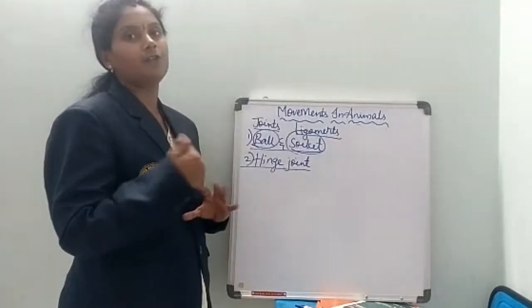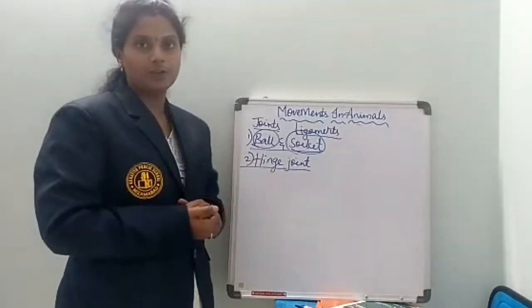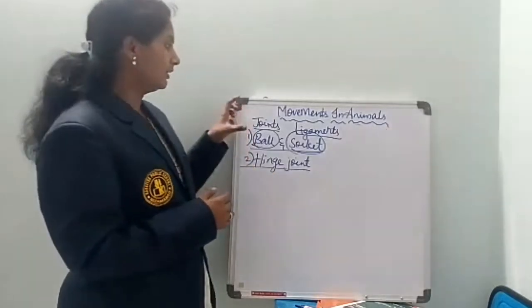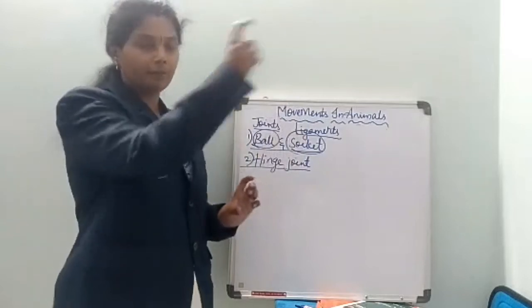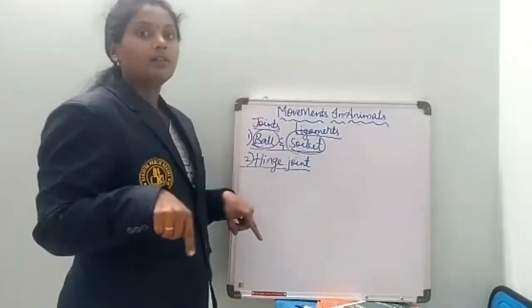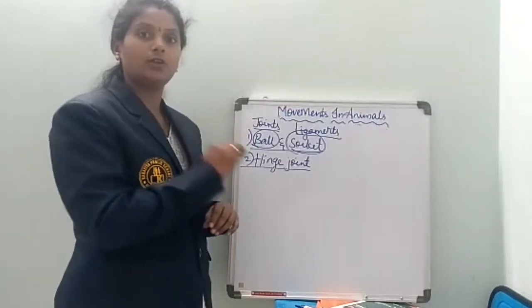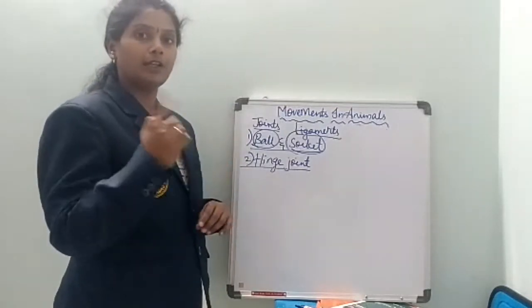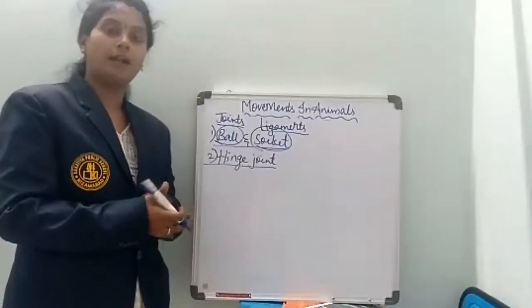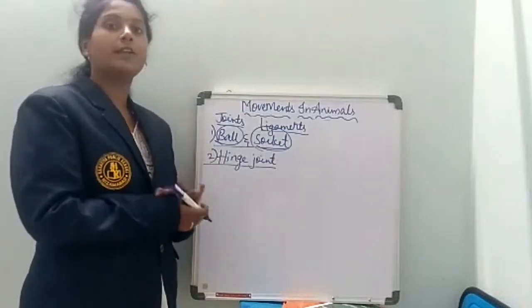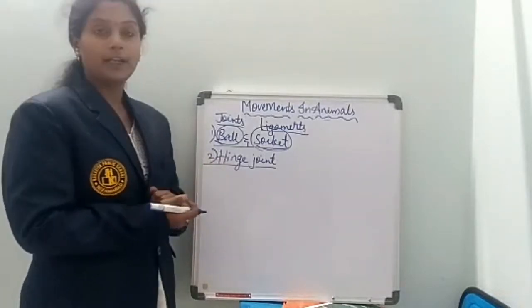That kind of joint we call a hinge joint. Hinges are fixed in the doors so that the door moves only in one direction. The joint which moves only in one direction is nothing but the hinge joint.